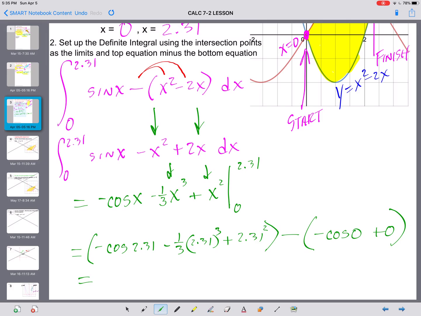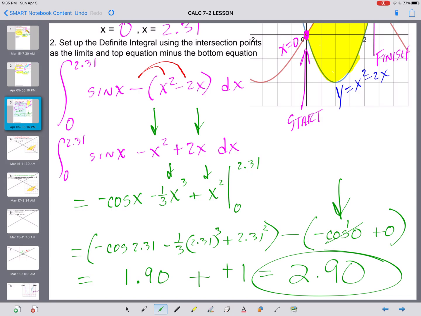That right there is 1.90. Now, cosine of 0, look right here. Cosine of 0 is 1. So we have minus a negative 1. Our answer, plus a positive, there it is, 2.90.